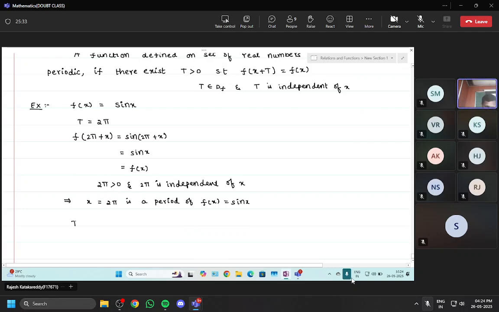We say the smallest possible positive value of T is called the fundamental period of f of x.